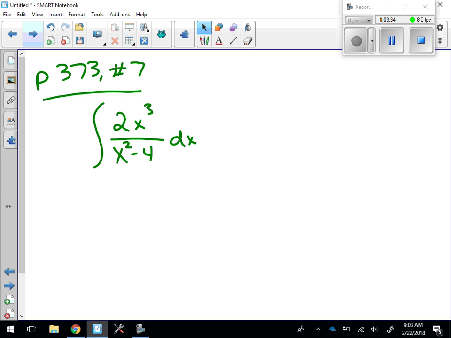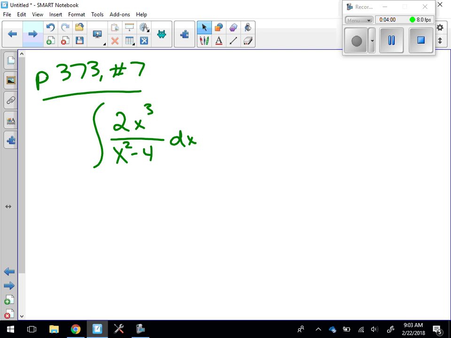So, hang on. We're getting there. Okay, so we can't use integration by parts. So the only other tool we have in our toolbox is partial fraction decomposition, or as I like to call it, partial fraction decomp, just because it's more fun. Okay.